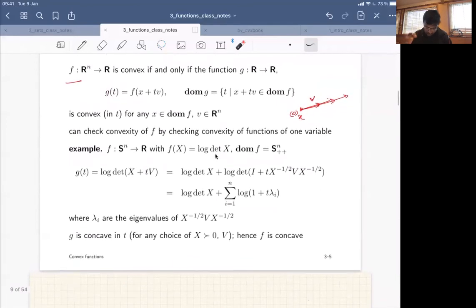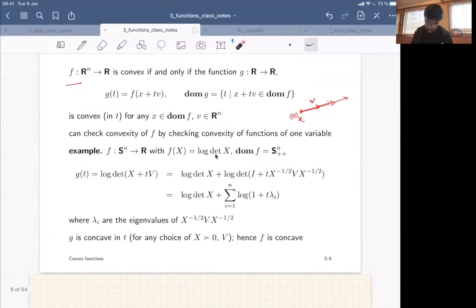Here is an interesting example. But you have to do it for every possible v. Yes, obviously, because you take v as arbitrary. You should not fix v. For any arbitrary v, if you can do this, then that's enough. So we consider x plus tv with an arbitrary v, and we prove that it is convex.